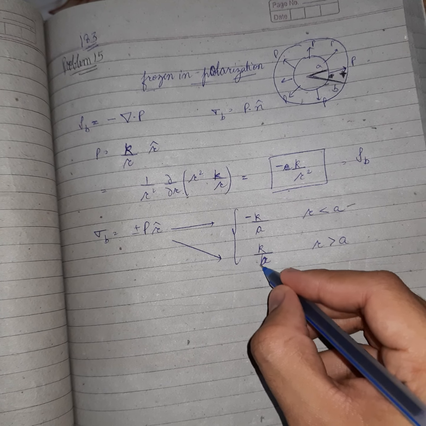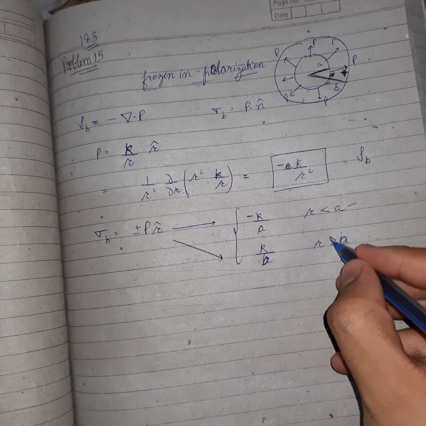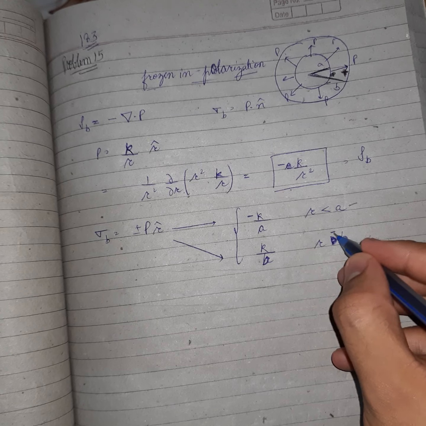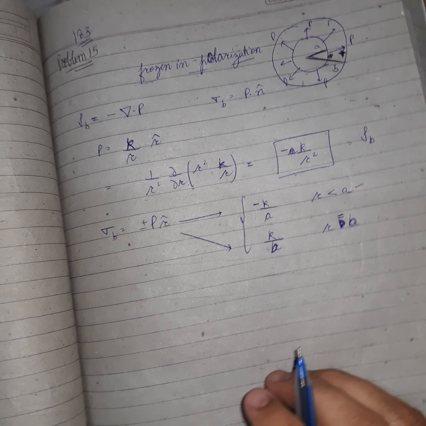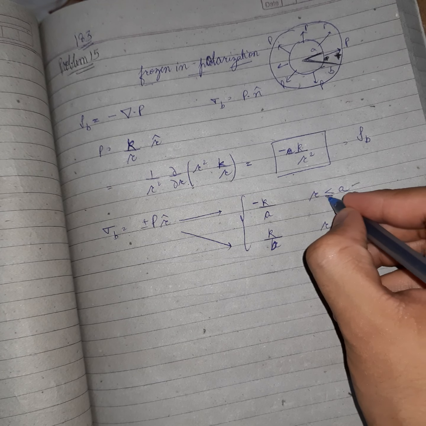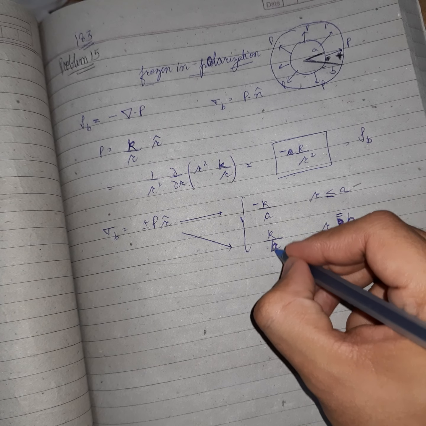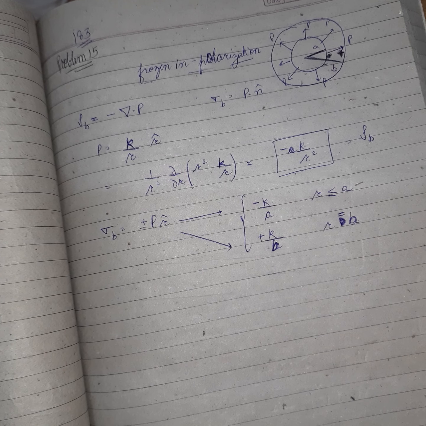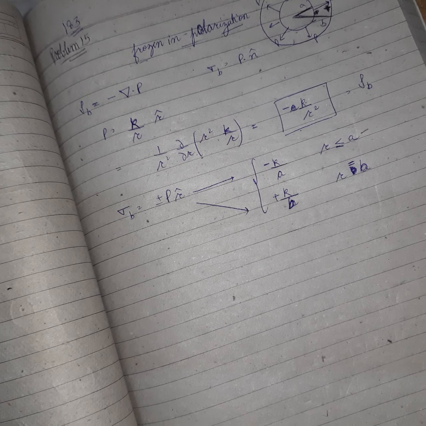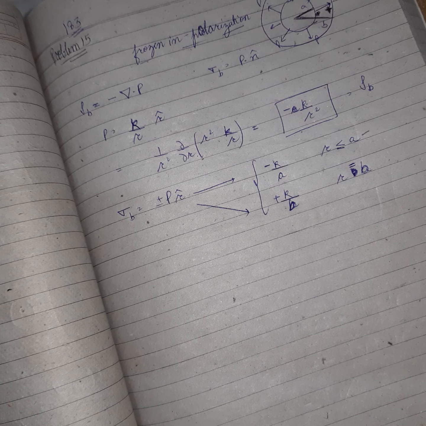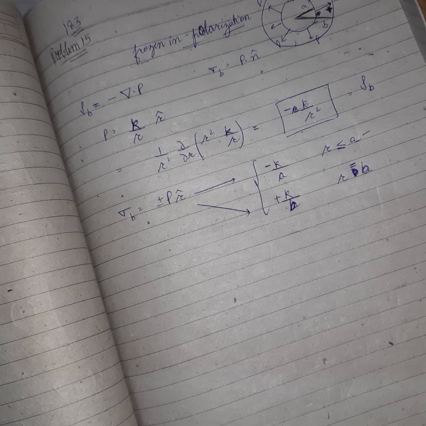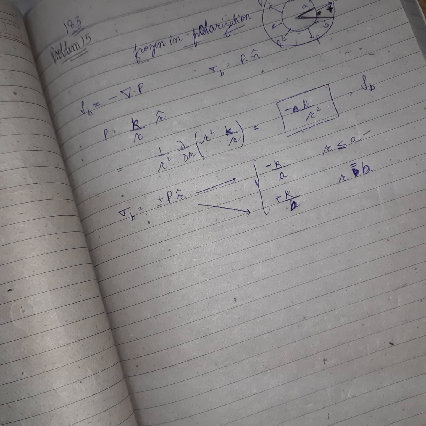And if r is equal to a, it will be the negative case. So we have found the bound charges sigma b and rho b for the inner and outer areas.